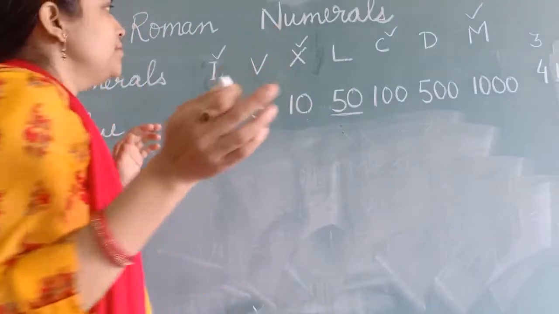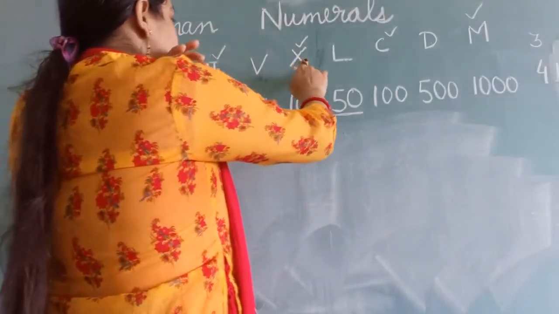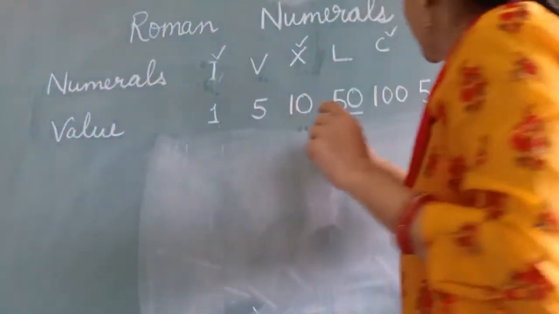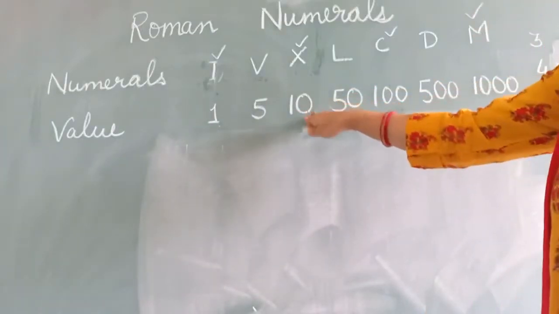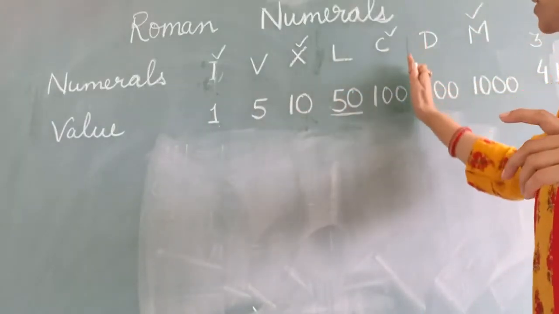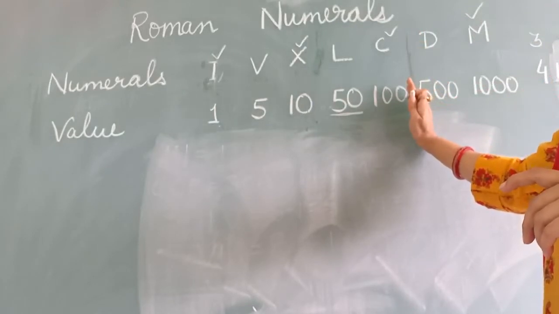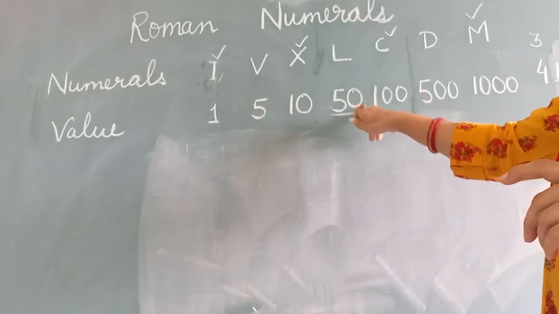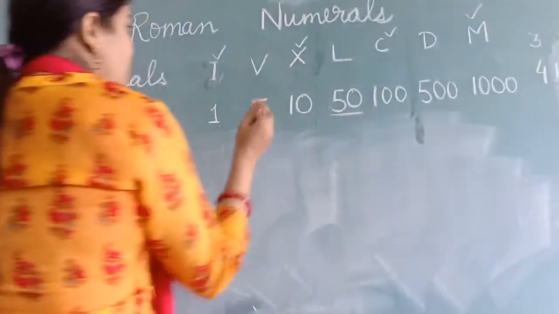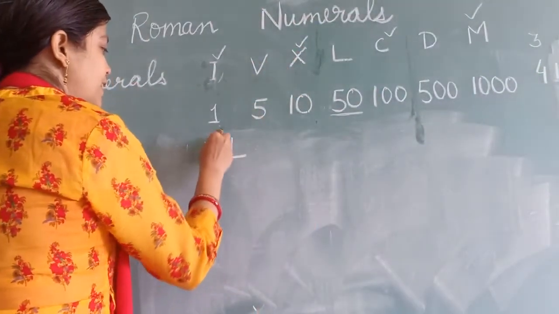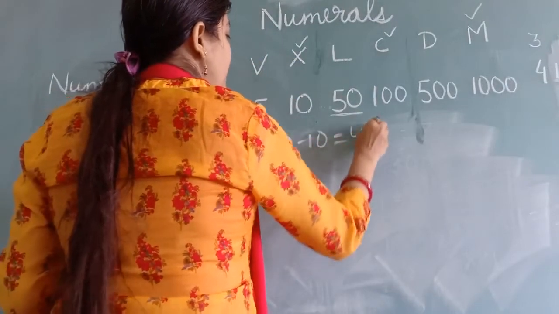So children, you have learned that I we can subtract from V and X. Now 10 we can subtract from L and C. This 10 we can subtract from L and C only. Okay? Understood? So if I subtract 10 from 50, I will get 40. So for writing 40, simply we will write like that, XL. It is 50 minus 10, that is 40.